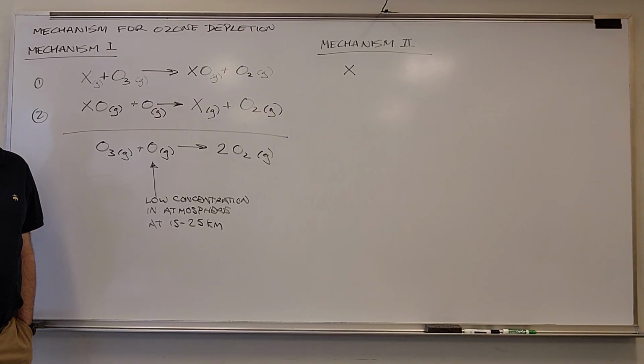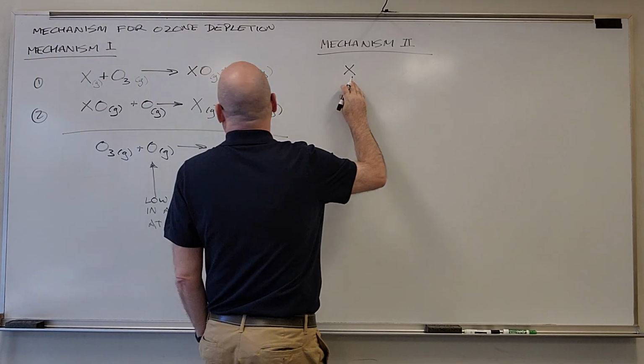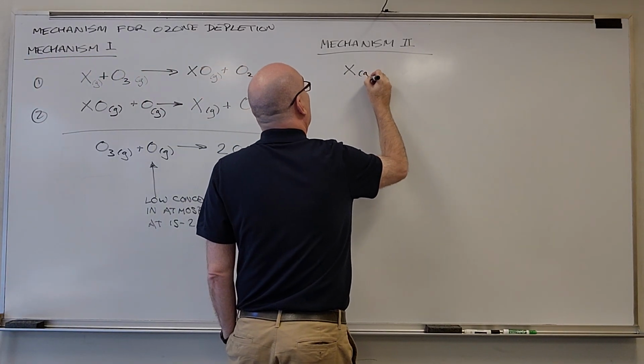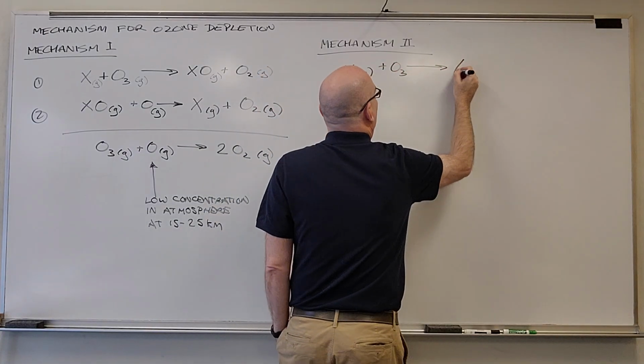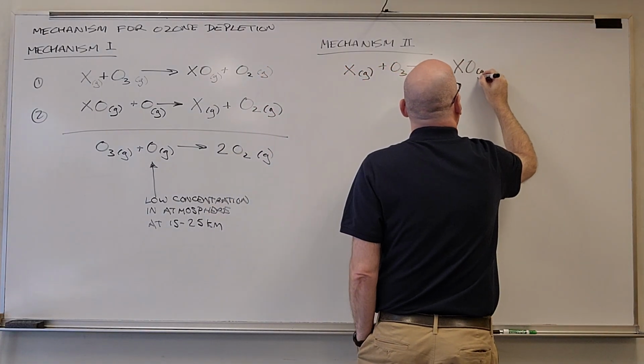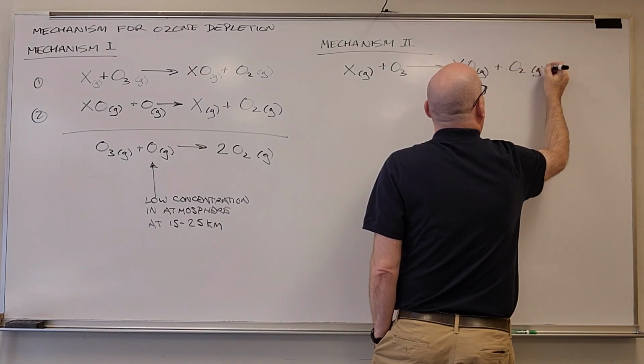We talked on Tuesday about what the huge culprits in the environment are. Chlorine, bromine, and some nitrogen oxides. But we're leaving our options open. This reacts with an ozone and forms XO, some non-metal oxide, and makes oxygen.